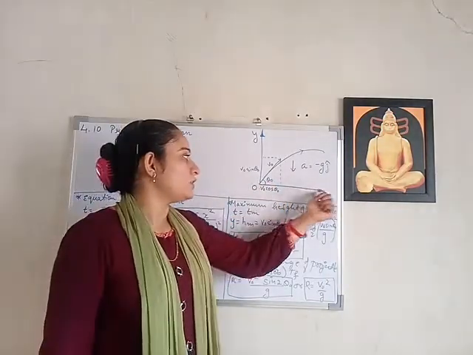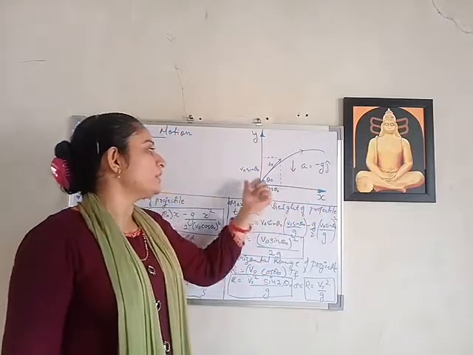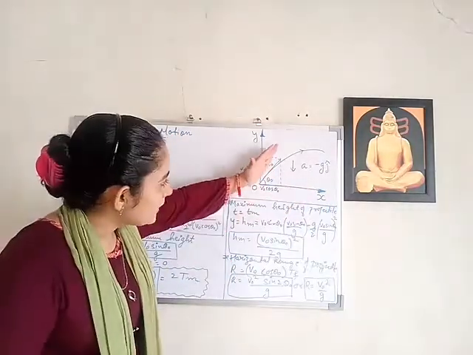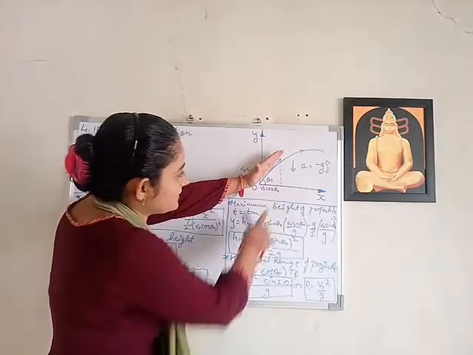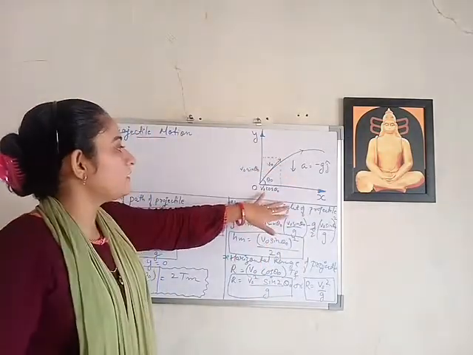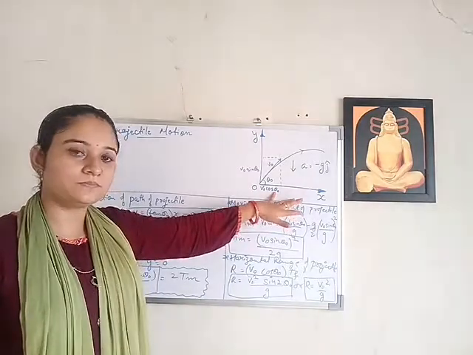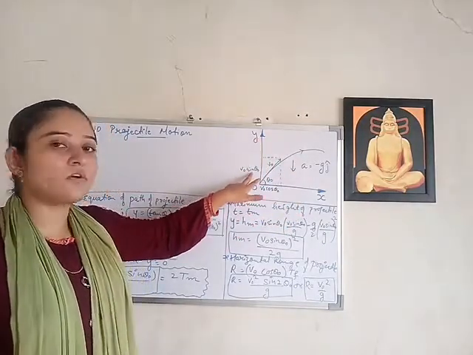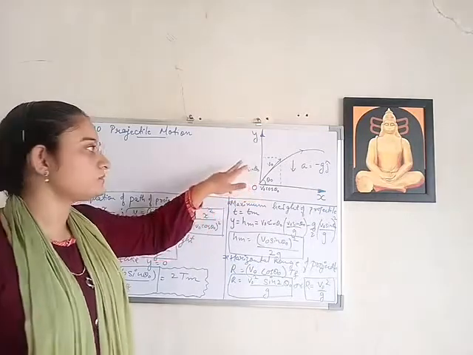The component along the axis with which it makes the angle theta is the cos theta one. So here it makes angle theta 0 with the x-axis, so we write v0 cos theta 0. In the same way, in the vertical direction, it is v0 sin theta 0.